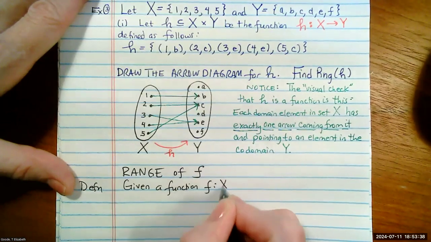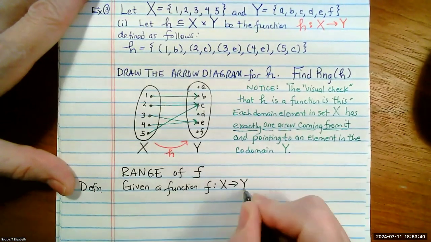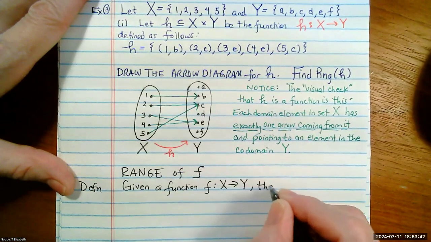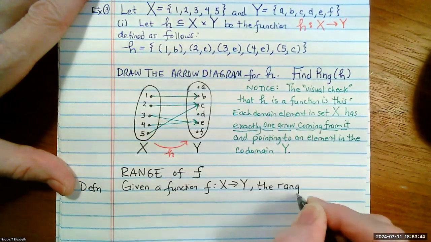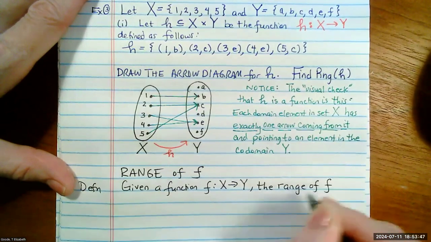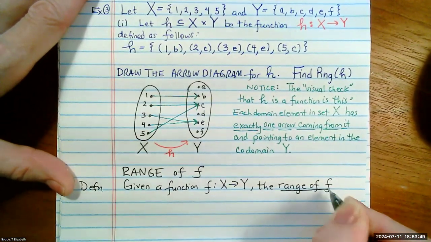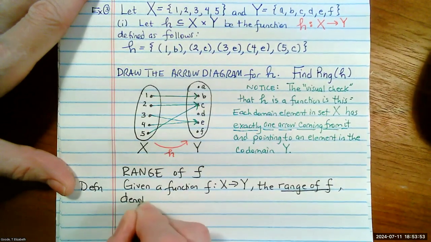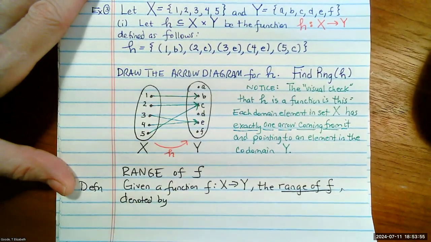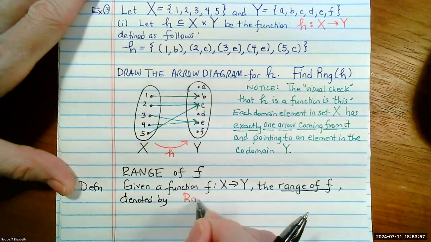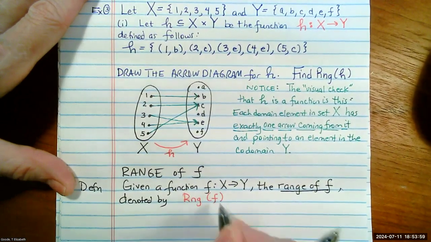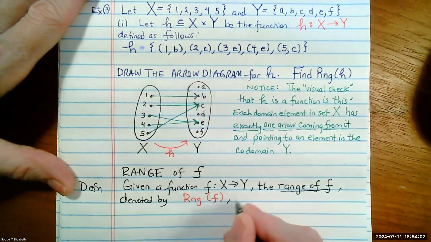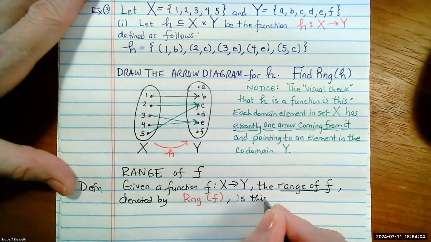Given a function f from X to Y, the range of f, that's what we're defining, denoted by Rng of f, is this set.